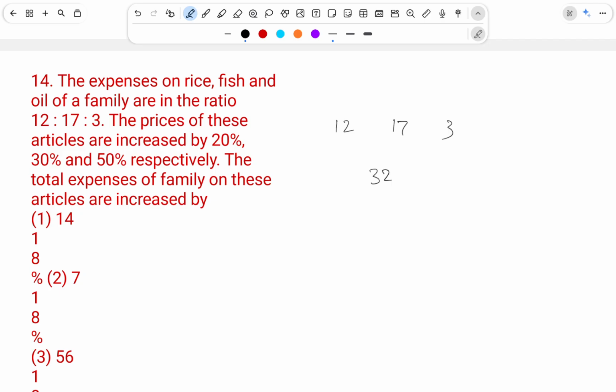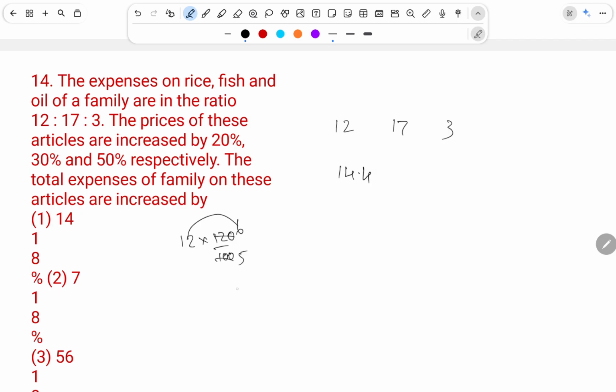How much does it become? Now if I increase 20% of 12, 12 into 120 by 100, it becomes 14.4. That's the mistake we did. It becomes 14.4.